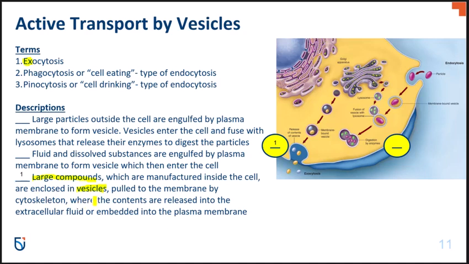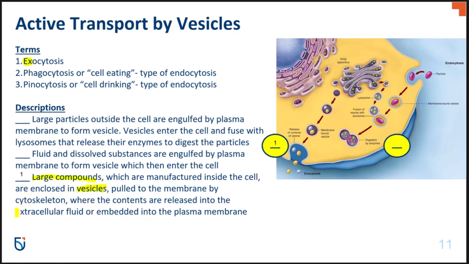And one of the ways that this happens is through the use of the cytoskeleton. And remember, when we talked about the cytoskeleton, we said that one of its features was to allow for the movement of certain substances, including vesicles, within the cell. And so the cytoskeleton is helping that vesicle move towards the plasma membrane.